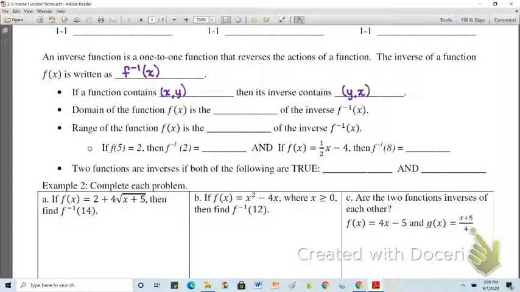The domain of function f of x is the range of our inverse, because if our x's and y's switch, our domain and range switch as well. The range of a function is the domain of the inverse.